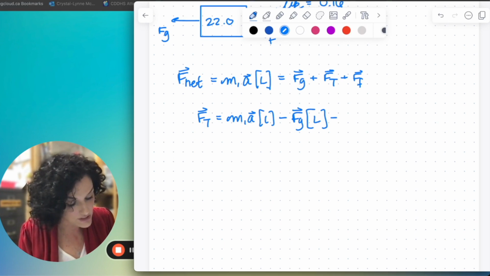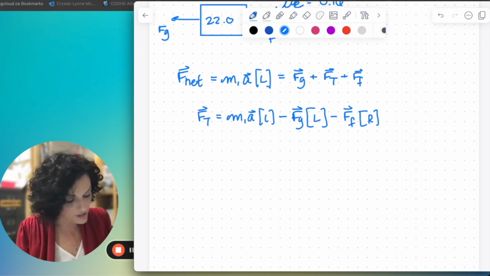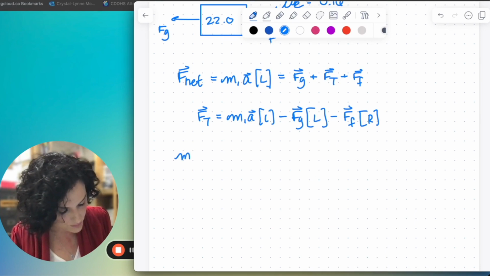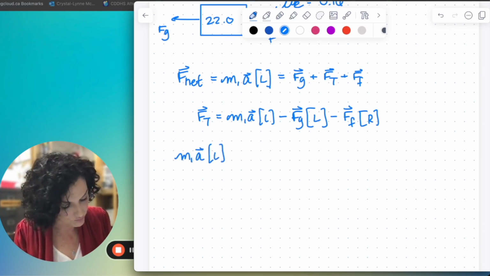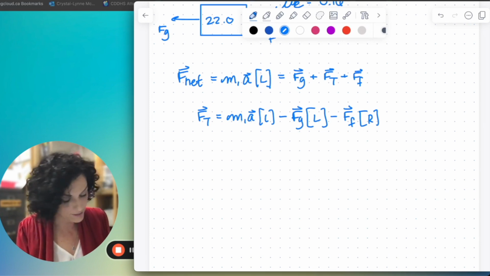And I'm also going to take my force of friction off, but force of friction is moving towards the right. So let's plug in all our information here.